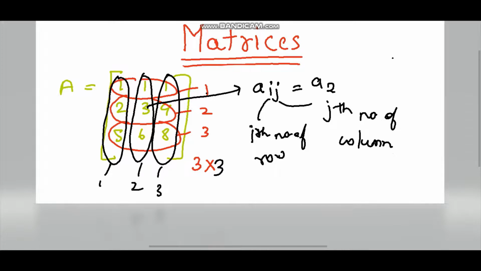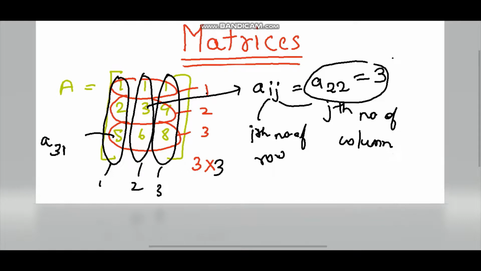Second. So we will write a2. What is j? j is the column number. It is second. So we denote 3 as a22. Similarly, how will we denote 5? Which row is it? Third. A3. And which column? First column. So it is denoted as a31.